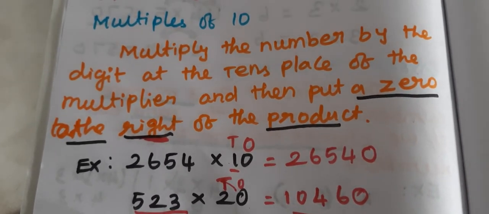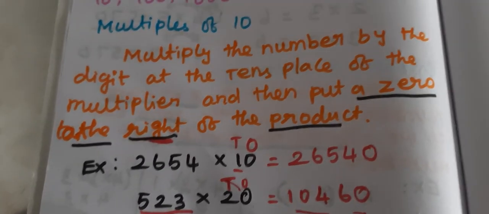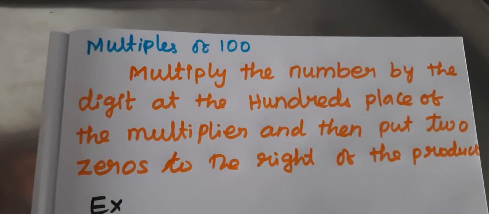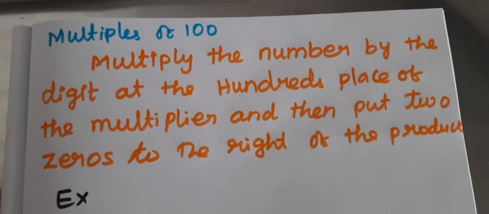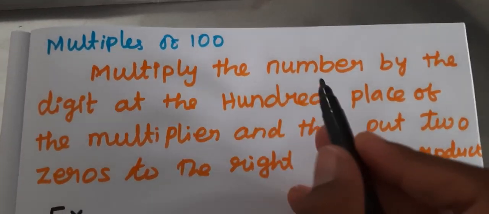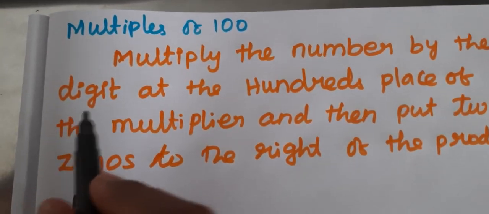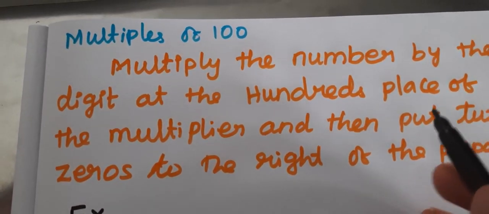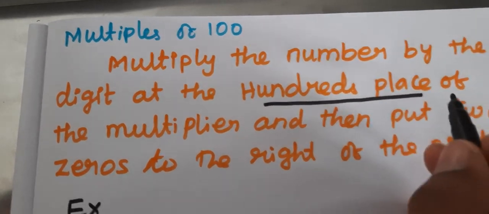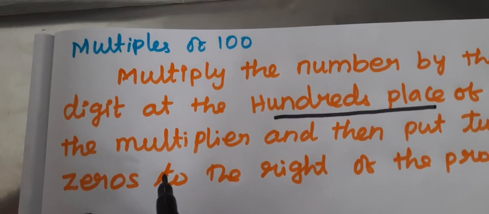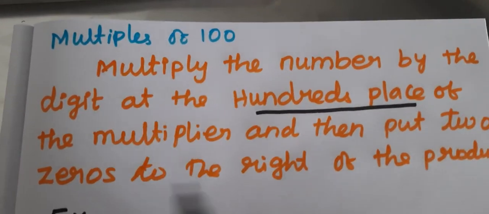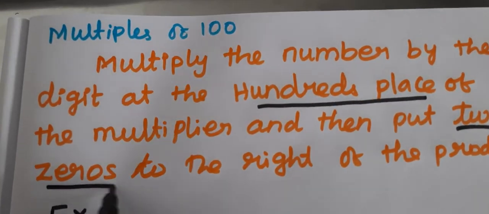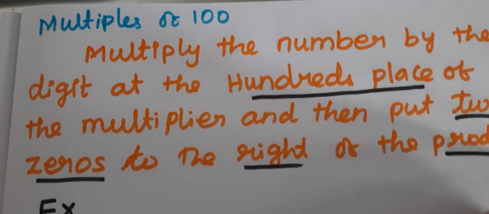The multiplications by multiples of 100. Multiples of 100 means multiply the number by the digit of the 100 place of the multiplier, and then put 2 zeros to the right of the product.